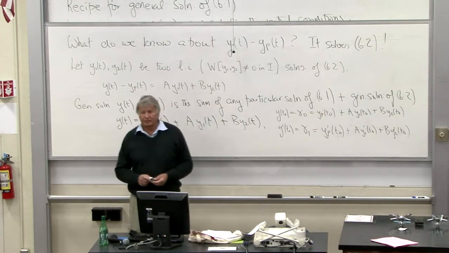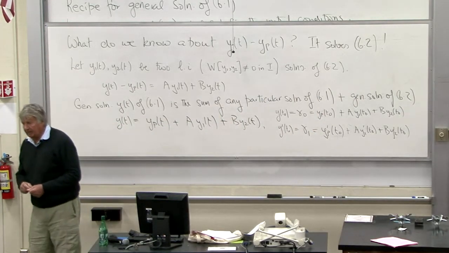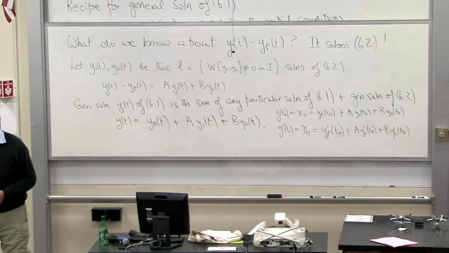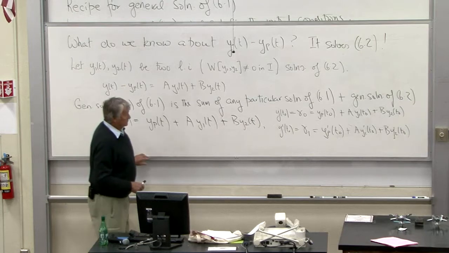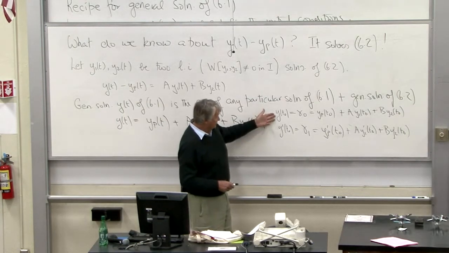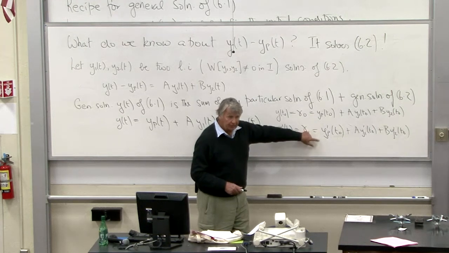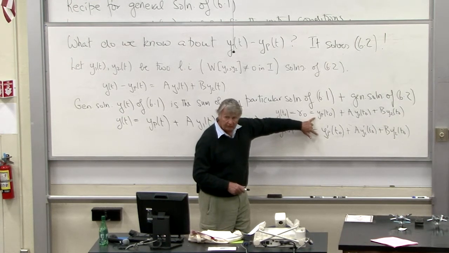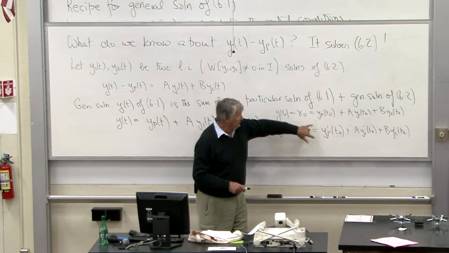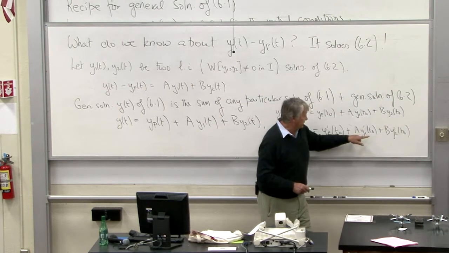Two equations for the two unknowns, big A, big B. We know this, we're given this, gamma naught and gamma 1. We know this because we've computed a particular solution of 6-1. We know, of course, these guys.